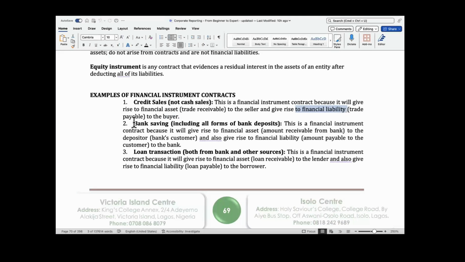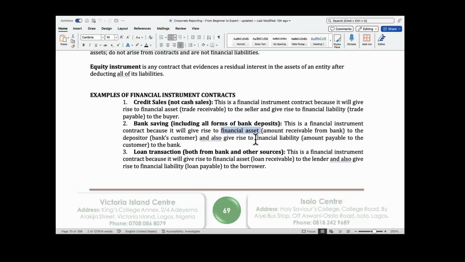Another one is bank savings or any form of bank deposits. When you deposit money in the bank or any valuable in the bank, that's a financial instrument contract because it gives rise to financial assets to the depositor, to the customer, because you have a right to receive cash from the bank.